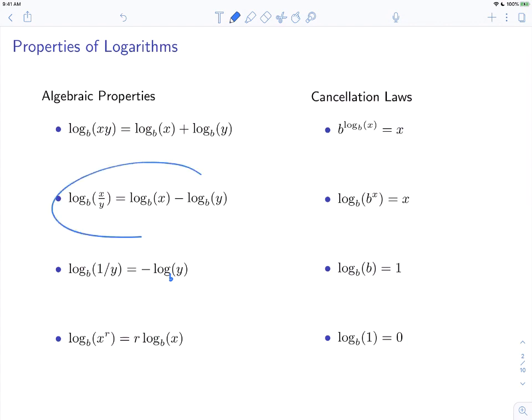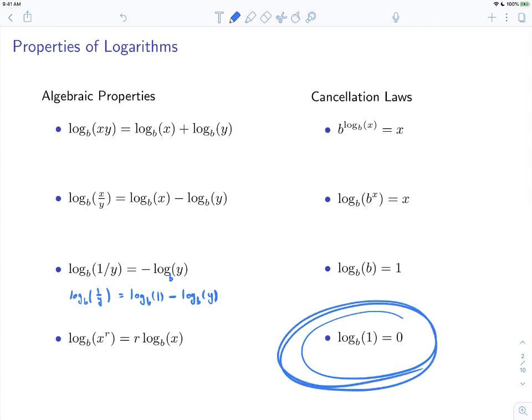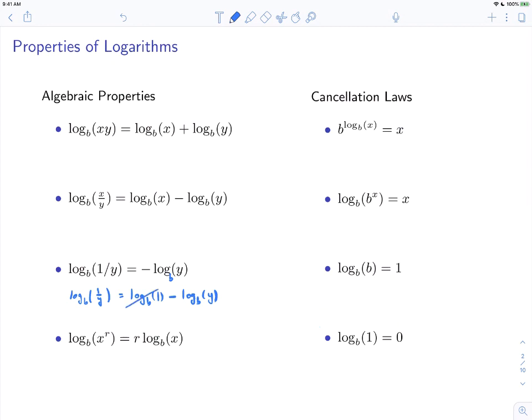This is really the previous, just with x equal to 1. So log base b of 1 over y is equal to log base b of 1 minus log base b of y. And log base b of 1 is equal to 0. That's actually a property over here. But this one goes away, and you're just left with the opposite of log base b of y.